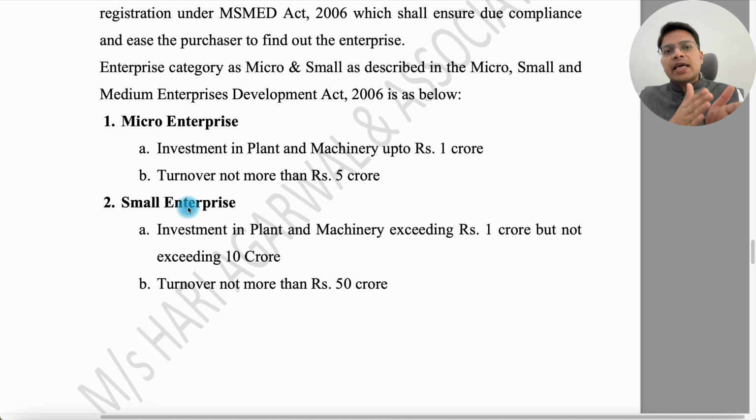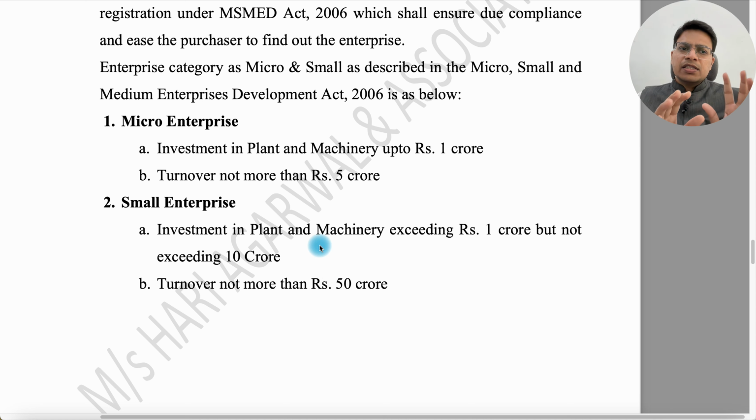Now what is the technical condition as per law to identify whether the supplier is a micro enterprise or small enterprise? It is mentioned here. If the investment in plant and machinery is up to 1 crore and turnover is not more than 5 crore, then it is a micro enterprise. Small enterprises are those where the investment in plant and machinery is up to 10 crore and the turnover is not more than 50 crore.